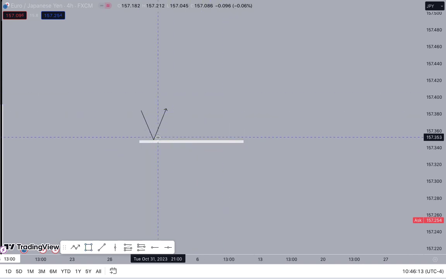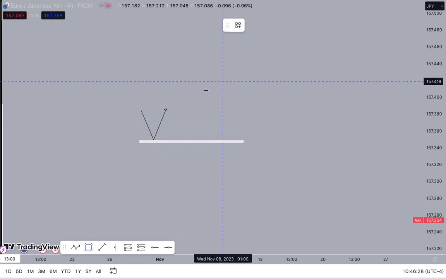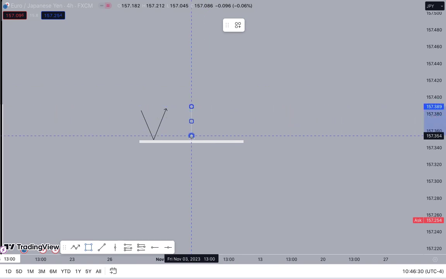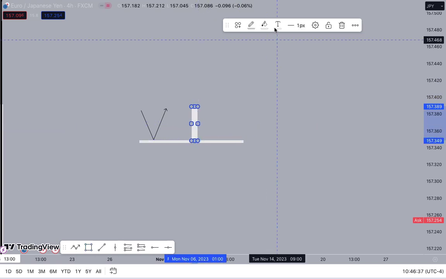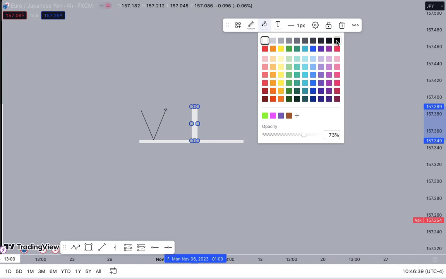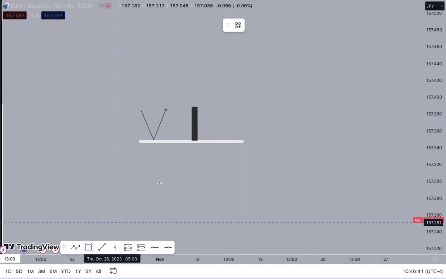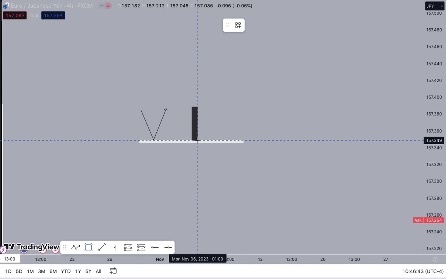So when I see this on the weekly, it only needs two candles to form this. At least two candles, one bearish candle and one bullish candle. Let's say this is the bearish candle, and this is the bullish candle.